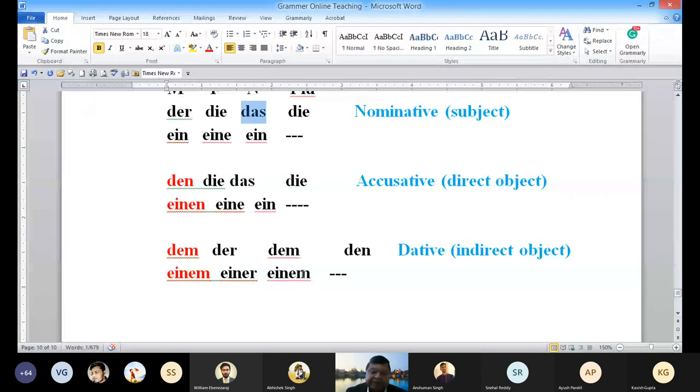Now I will be giving some examples to make these things more clear. First, I will give an example in English so that you can understand well the concept of the subject and object, and particularly direct object and indirect object. If I say in English, student presents a book to the teacher.